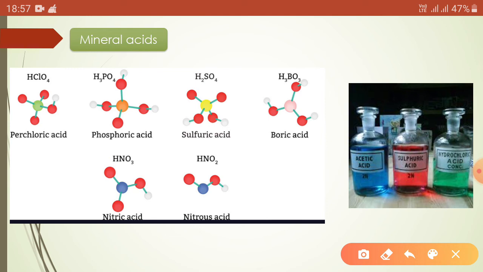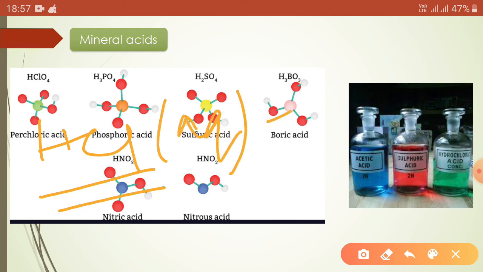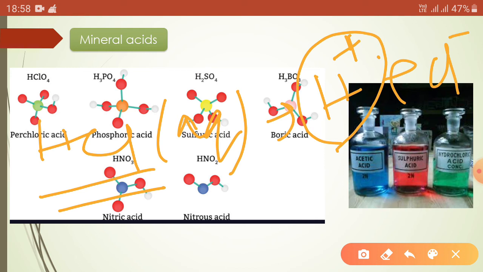Hydrogen chloride, HCl, in aqueous solution, you can write aq, gives us H+ and Cl-. That means it gives us hydrogen ion, H+, and chloride ion, Cl-.